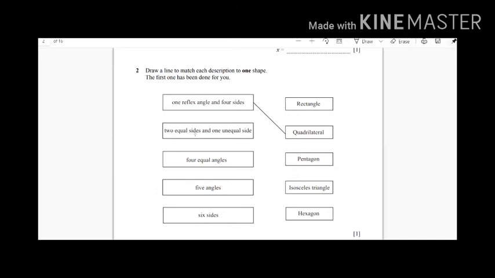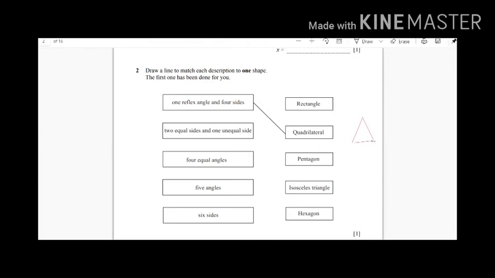So two equal sides and one unequal side. Which one? If I make the figure, these two are equal sides, and this third side is unequal.